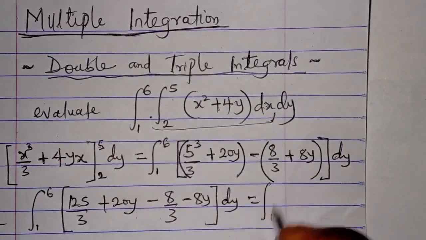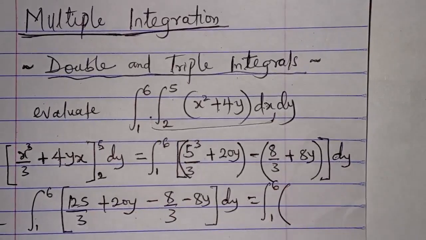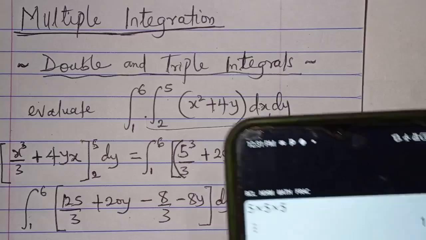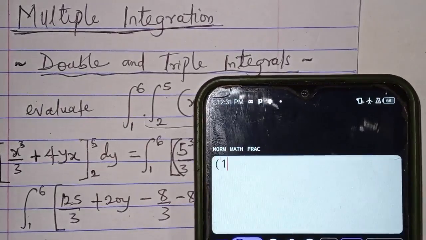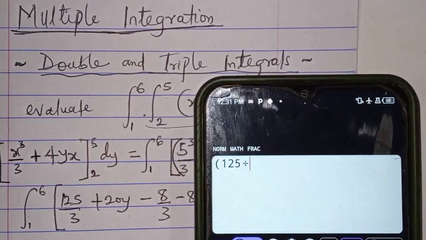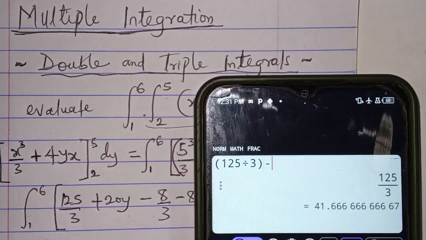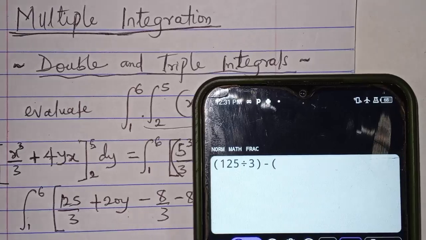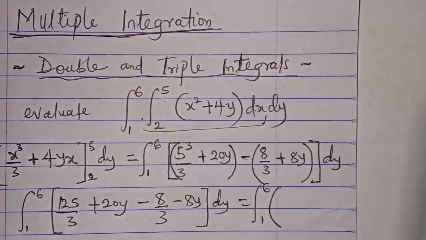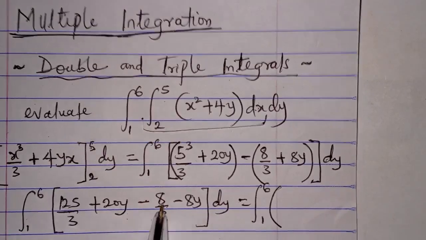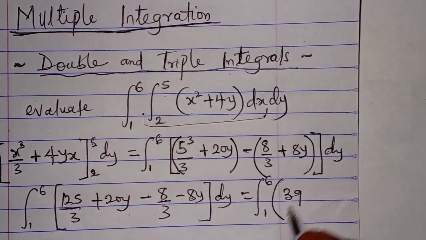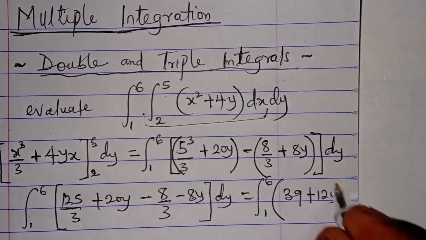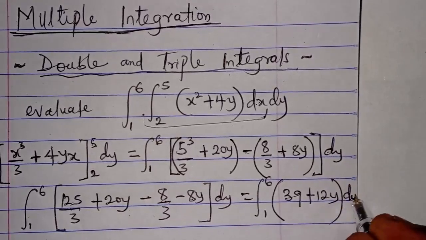The integral from 1 to 6. 125 over 3 minus 8 over 3 is this. 125 divided by 3 minus 8 over 3, that's 39. So this minus this is 39. 20 minus 8 is 12. So we have plus 12y dy.